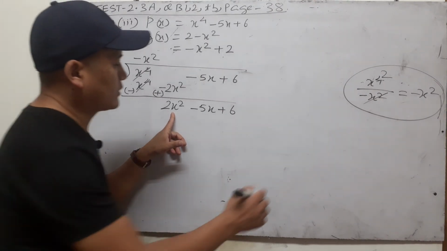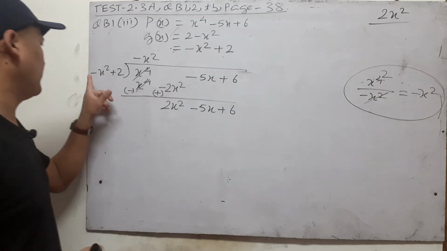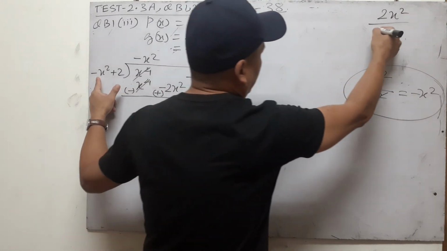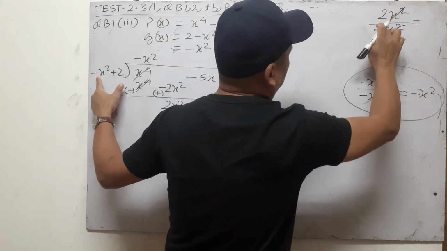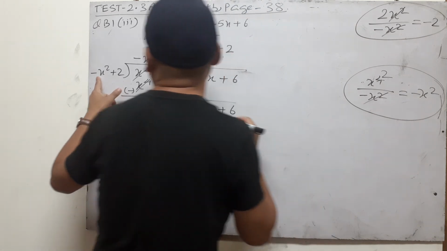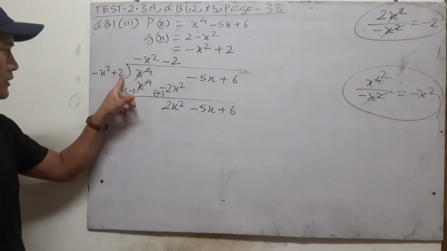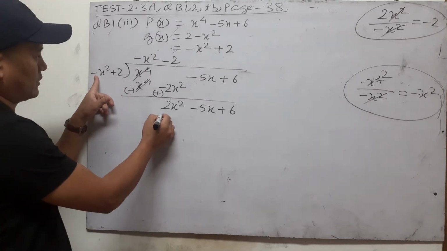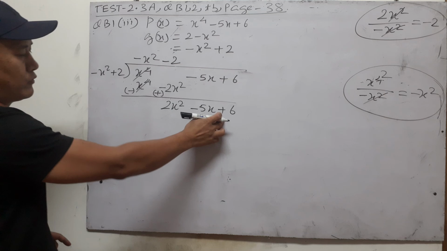So take the highest degree term of the new dividend, plus 2x squared, divided by the highest degree term of the divisor, minus x squared. When you cancel x squared, we're left with 2 by minus 1, which means minus 2. So you write here minus 2. And let that minus 2 multiply both of these. Minus into minus, plus, no need to write plus for the first term, only in between ones.